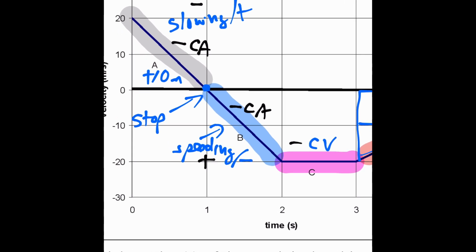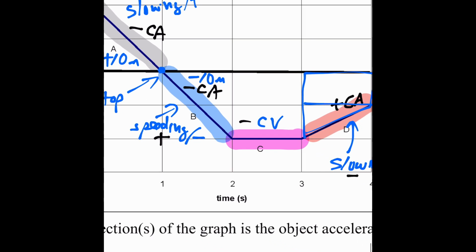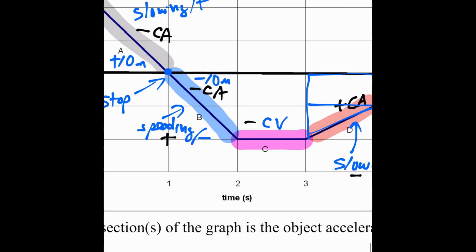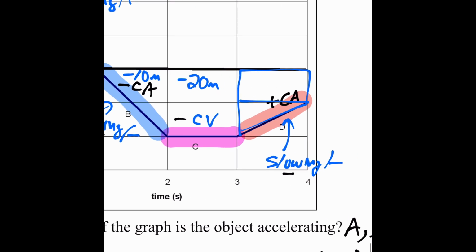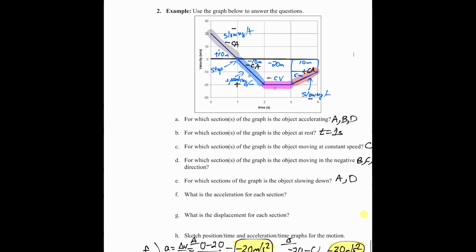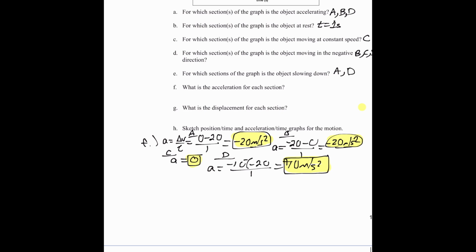But since it's below the axis, this is going to be negative 10 meters. The square part from 2 to 3 seconds is 1 second times 20 is 20. But below the t-axis, this would make it negative 20 meters. All right, and then we have 10 meters here, plus another 5 meters here, so a total of 15 meters there. So that's what we're finding. We're finding the area for each section.